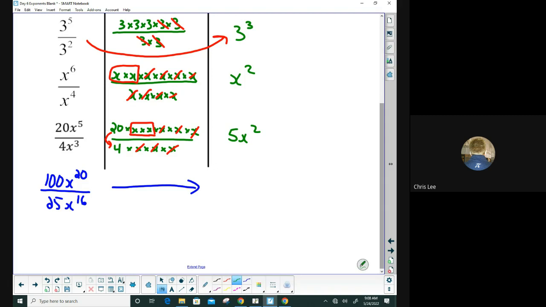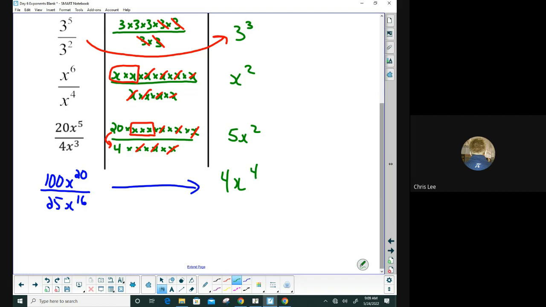Are these, the 100 and the 25, exponents? No, they're just numbers. So what's 100 divided by 25? And then these are the exponents? Yep. So what do I do to the exponents? I'm dividing, so I'm going to subtract them. 20 minus 16 is 4.